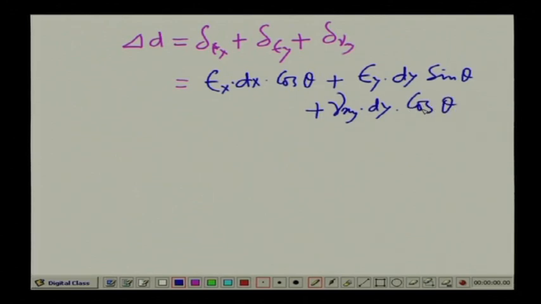So, these are the three extensions that we have obtained. Now, if we superpose all three cases because of the plane strain condition, then this is the extension delta d we get for the diagonal.